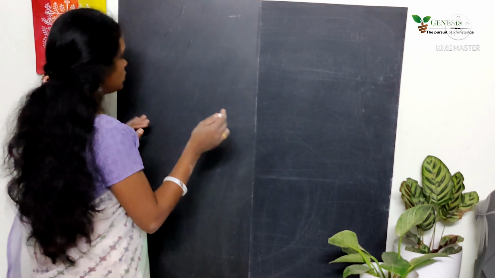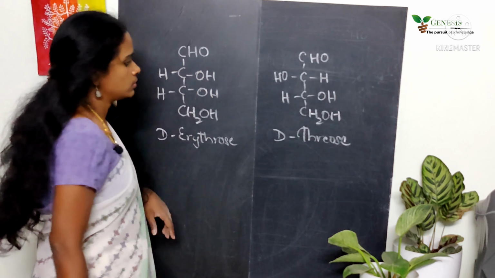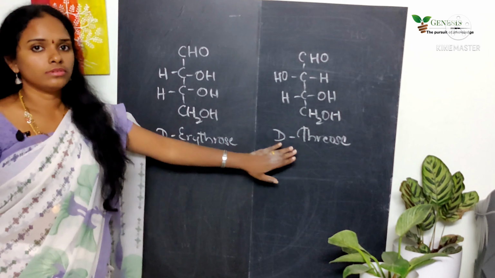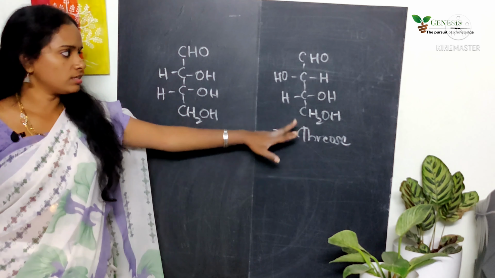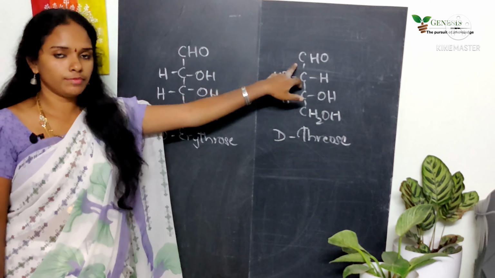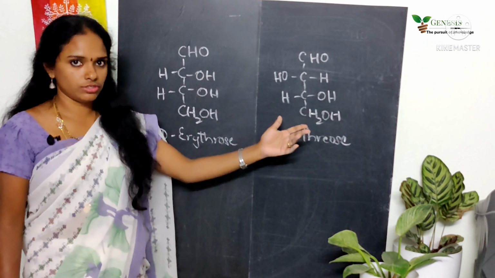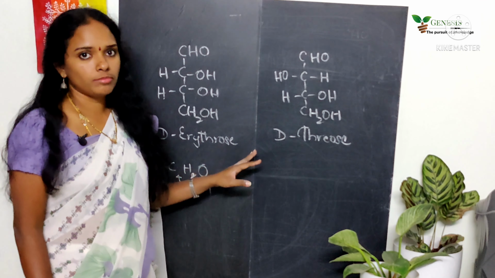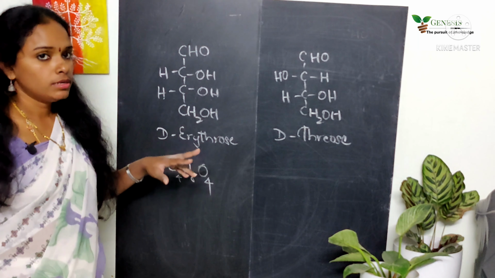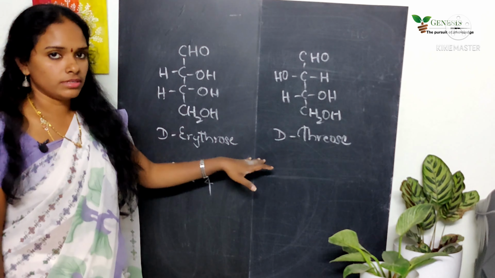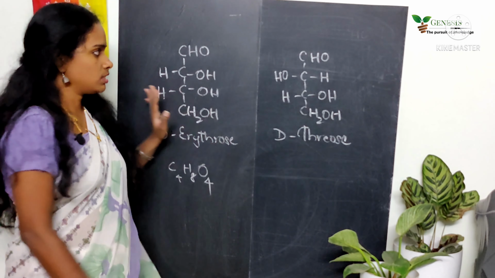Diastereomers. For example, take the case of 4-carbon aldoses, that is erythrose and threose. These are aldotetroses because they contain 4 carbon atoms and aldehyde as the functional group. If we observe the structure, they both have the same structural formula. But are they mirror images? Let's find out.